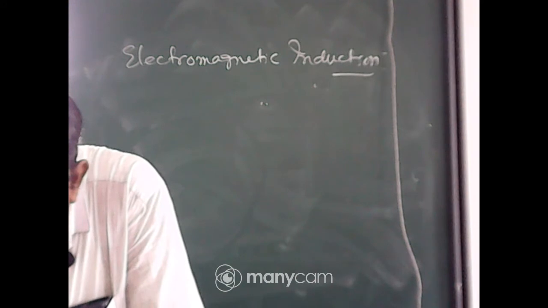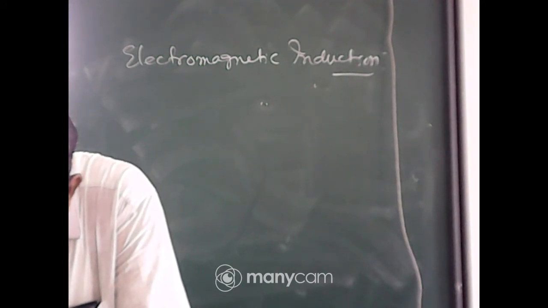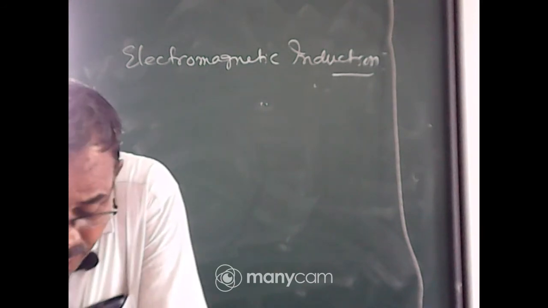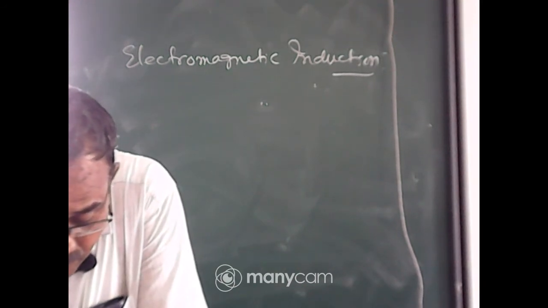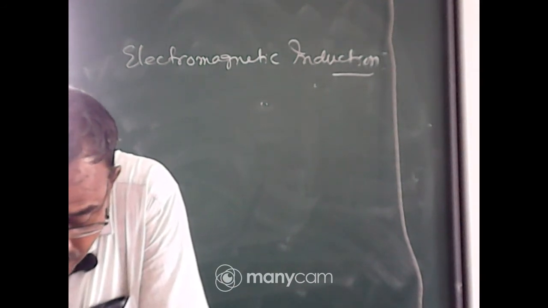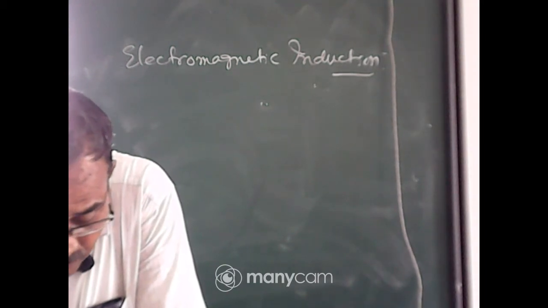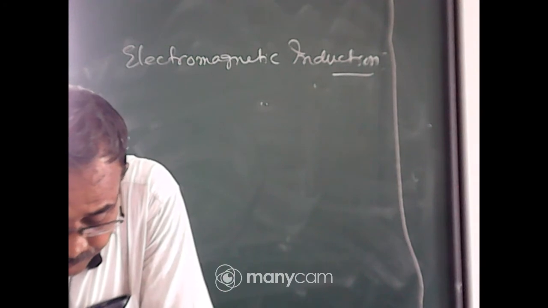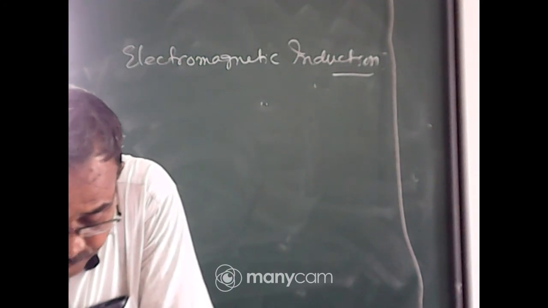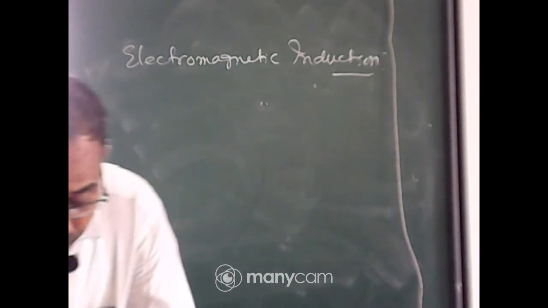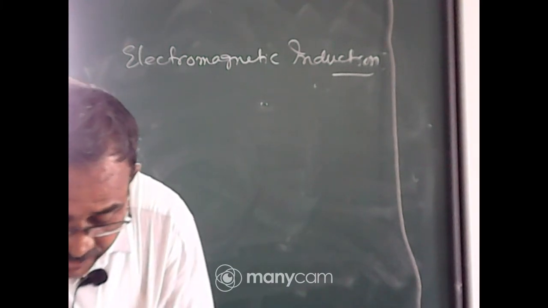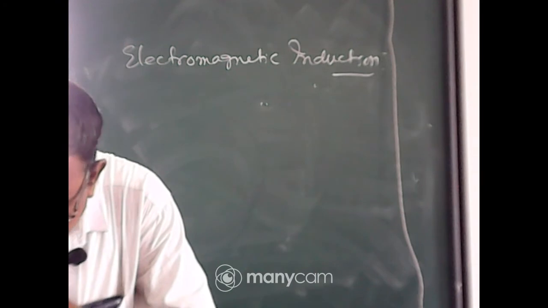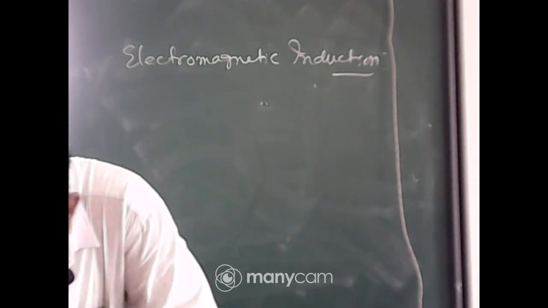Method of producing EMF. Suppose the motional induced EMF in a conductor rod rotating in a magnetic field. Okay.